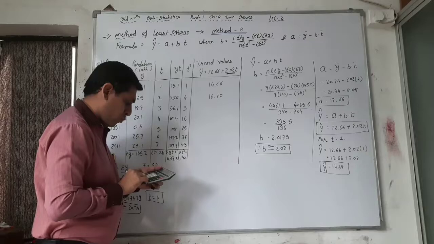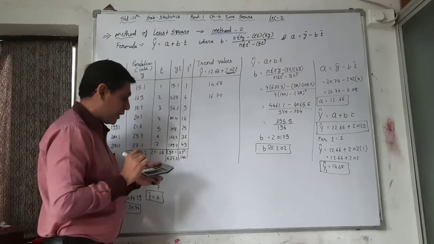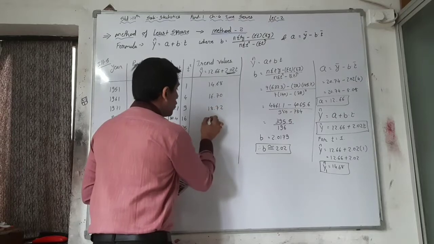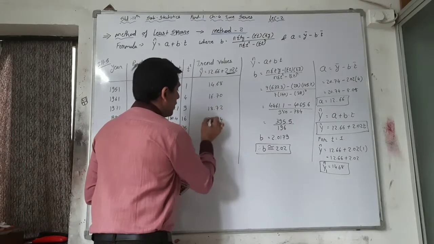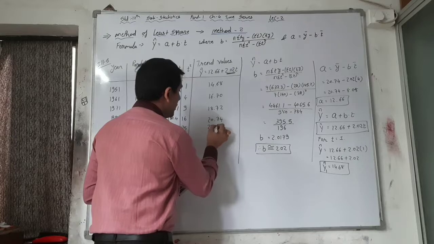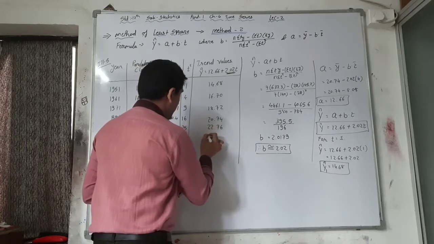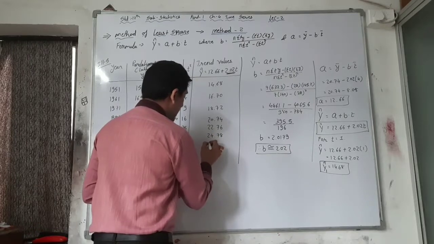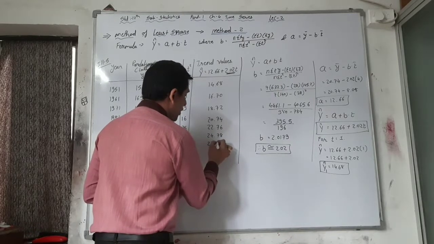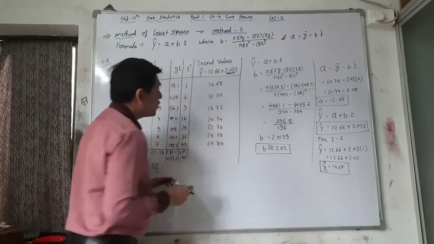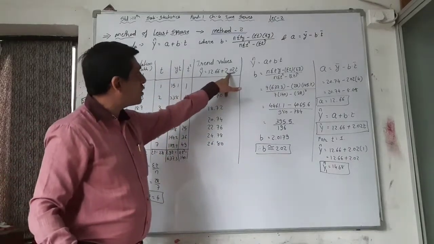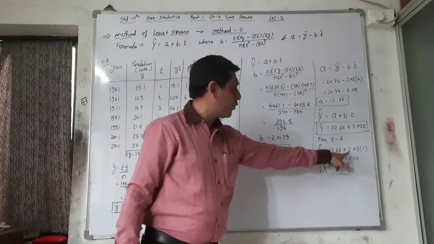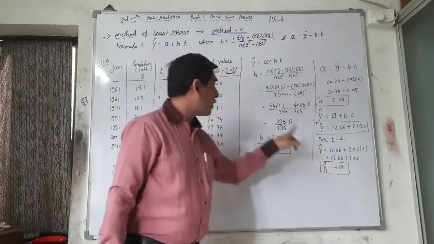Now plus 2.02 again, 18.72, then 20.74, then 22.76, then 24.78, and then the last one, 26.80. We are just adding this b value. First of all, for t is equal to 1 the value is 14.68.